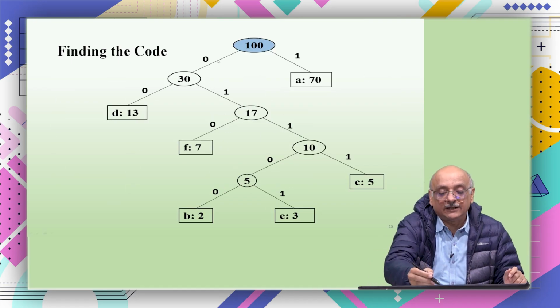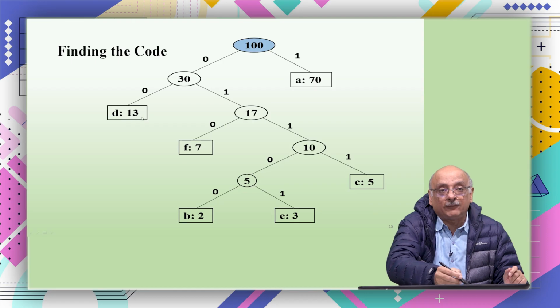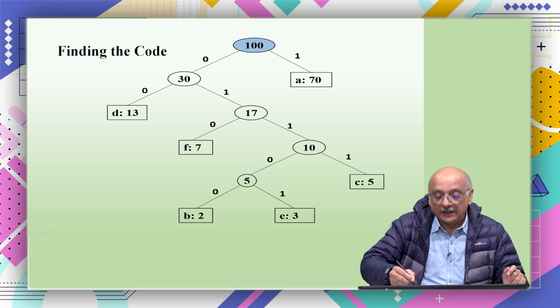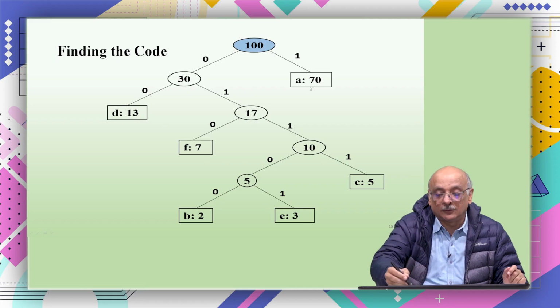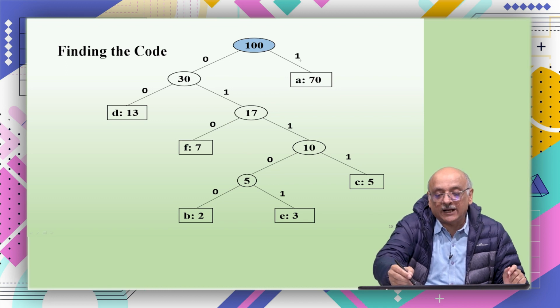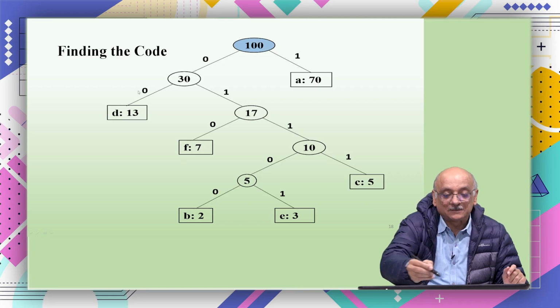Now, how to create the coding? So, let us say coding is going to be only for the leaves, all right. So, this leaf, this leaf, this leaf, this leaf, all these leaves we have to code. So, for A, we just need to go here. So, what is the code for A? Just 1, the smallest code. What about D in this particular case? It is going to be 0, 0.